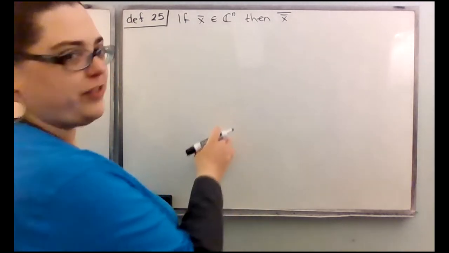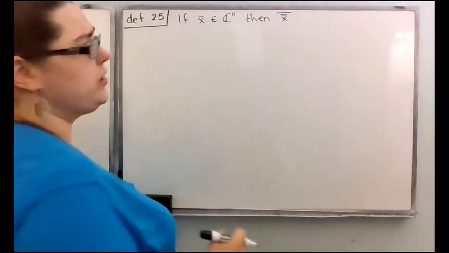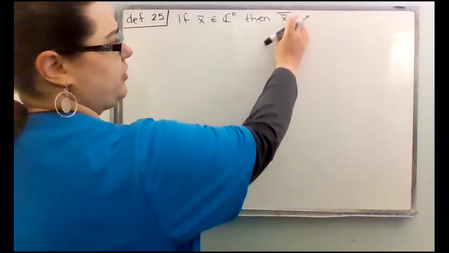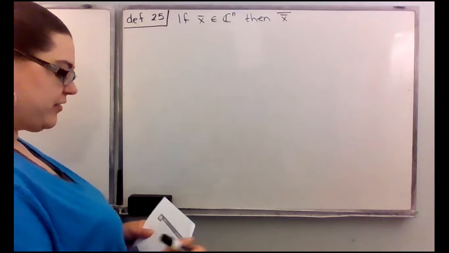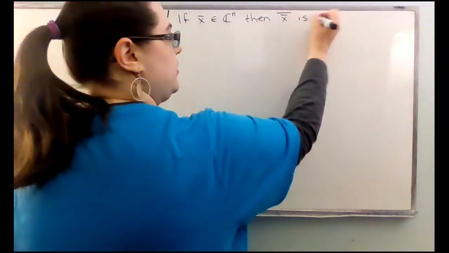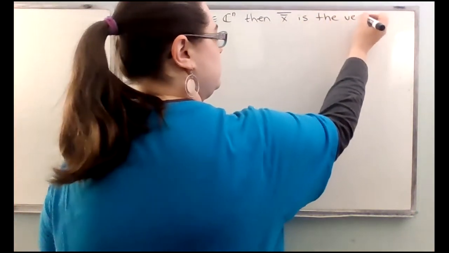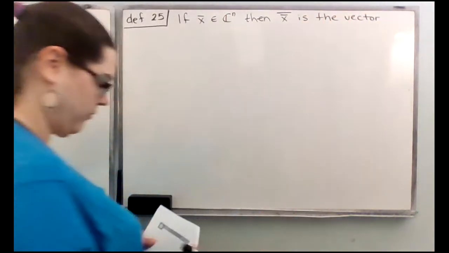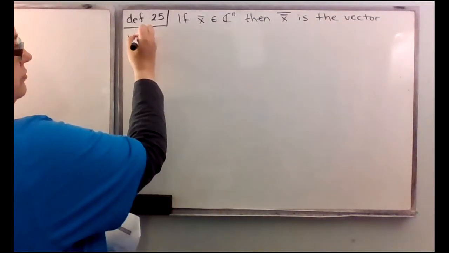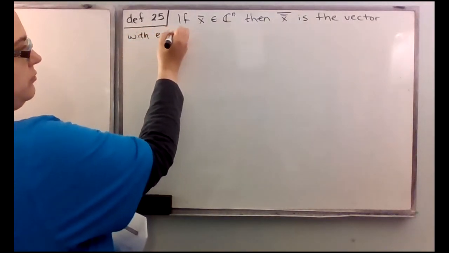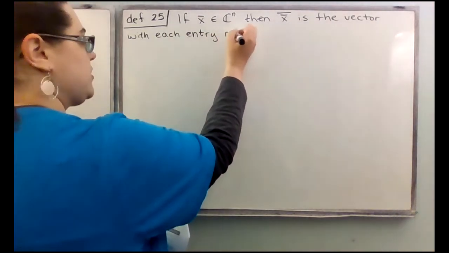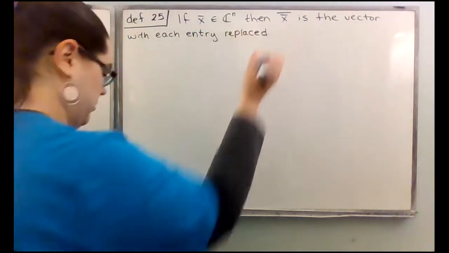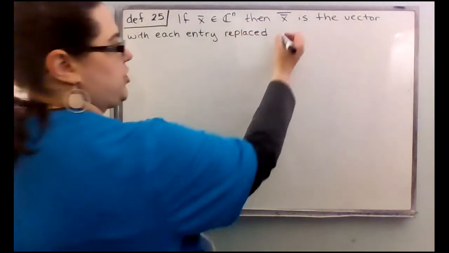But I can't write bold easily on a board, so I'm going to write X bar for the vector with a bar over it. That's what we're defining. This is the vector with each entry replaced with its complex conjugate.